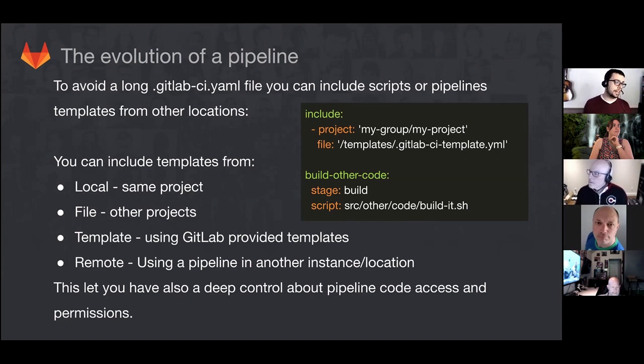I can use that as a pipeline inclusion, or for instance, use another instance of GitLab exposing that file. So this is a great advantage when looking at the CI file to understand what each stage is doing, and where I can find many details about my code.